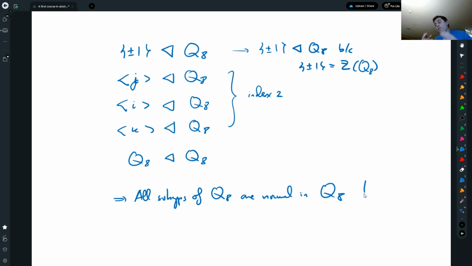Remember that if you have a group that is abelian, every subgroup is normal. But just because all the subgroups are normal, that doesn't mean that the group itself is abelian. Okay, so this is an example of a group where all the subgroups are normal for some reason or another. Okay, so we'll stop there for the time being.